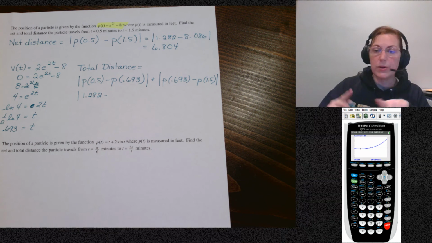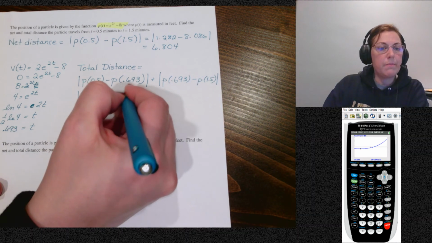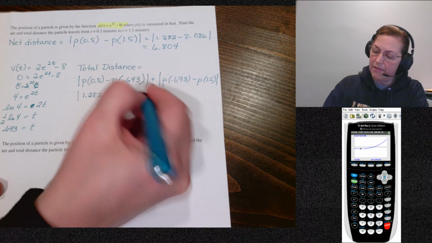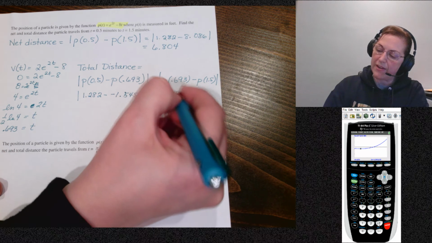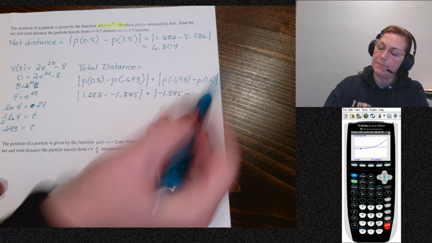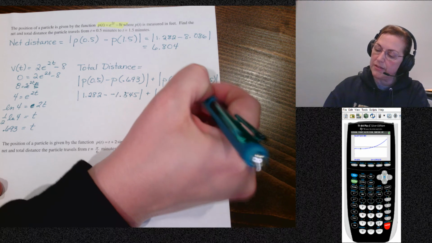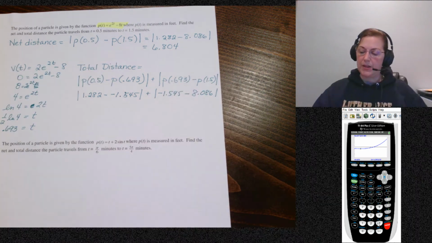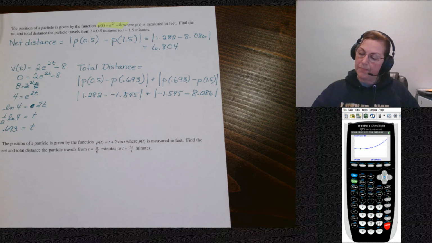And notice it's negative, so you do have to include that negative. 1.545 plus, then I've got negative 1.545 minus the position at 1.5, which was 8.086. Okay, so go ahead and do your subtractions there.